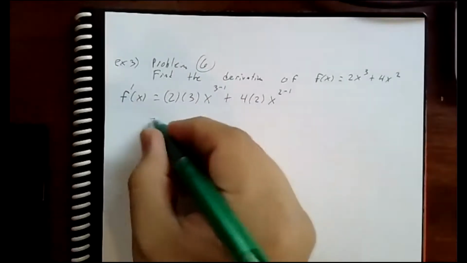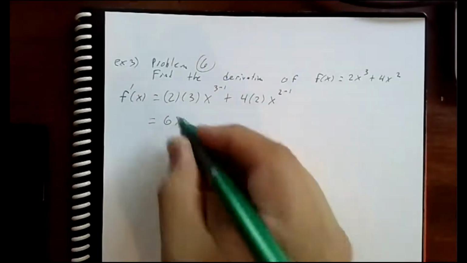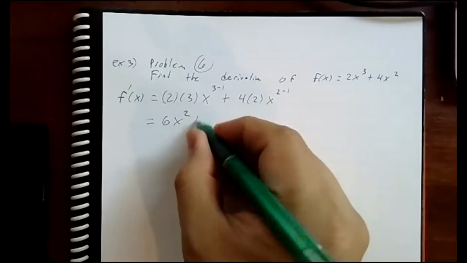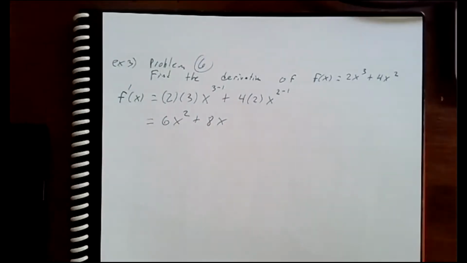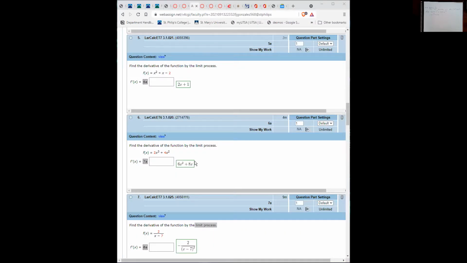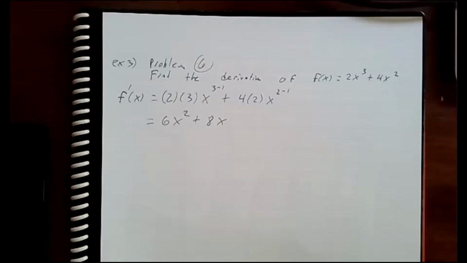So next step, that would be 6x squared plus 8x. Which is what they got, right? But they used the limit, and we did not.